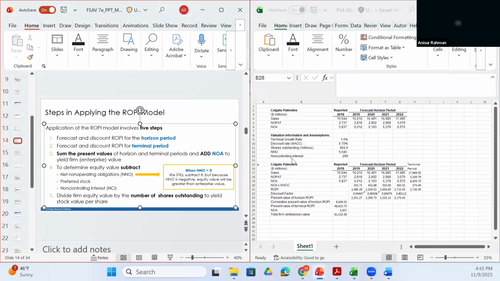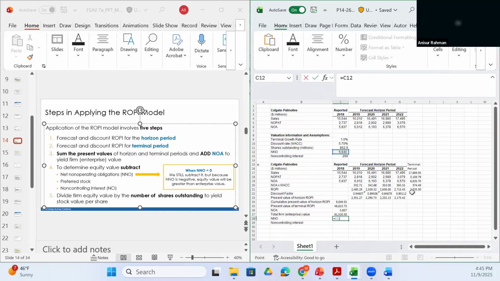So we don't have, we have net non-operating obligation here. We don't have any preferred stock. We have non-controlling interest. So I'm going to copy this and bring this number from here.